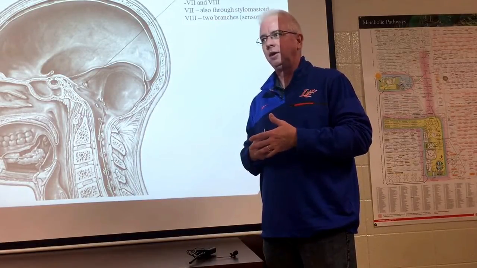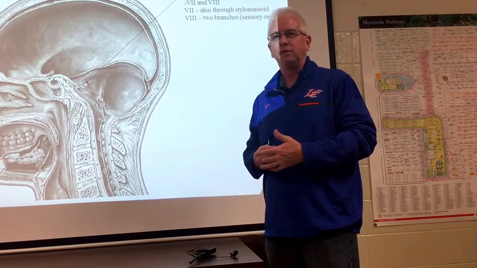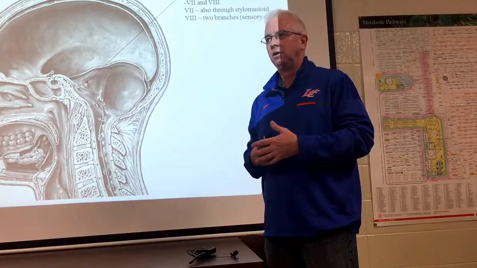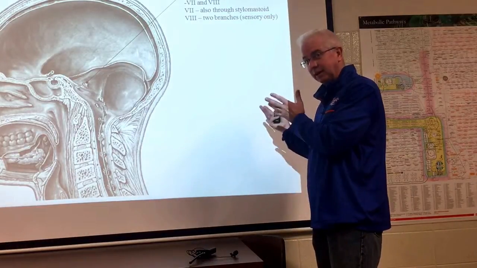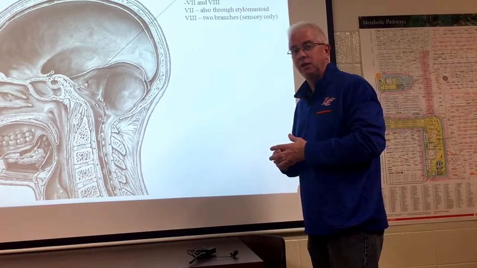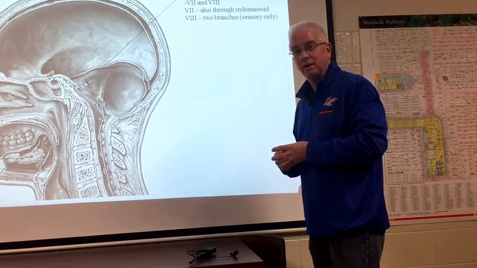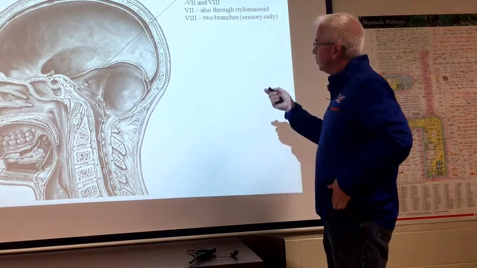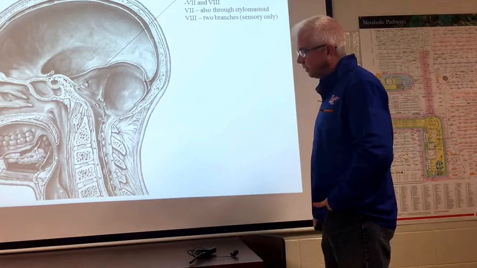Could you take me along that pathway? We did it last class period. The facial nerve passes through the internal acoustic meatus, yes, of the temporal bone, and it exits the skull through the stylomastoid foramen.